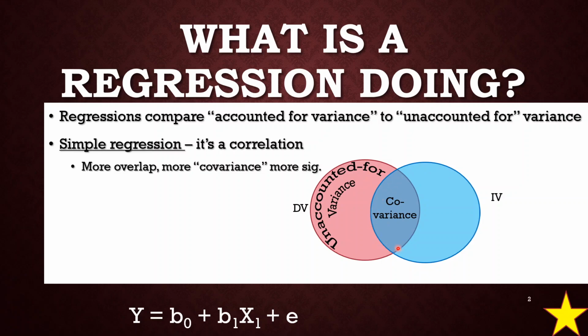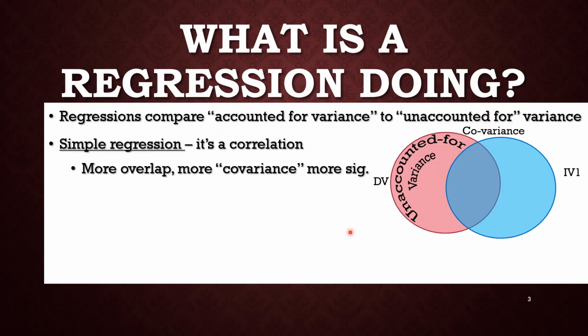So it's covariance divided by all the variance, or you can also think about it like the relationship between what was accounted for by your independent variables versus what wasn't accounted for in your dependent variable. This gets more complicated when we run a multiple regression which involves two or more independent variables. But it's not that much worse off.